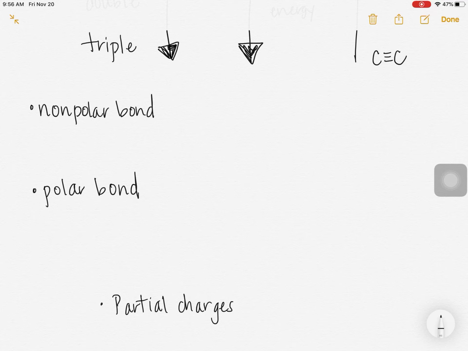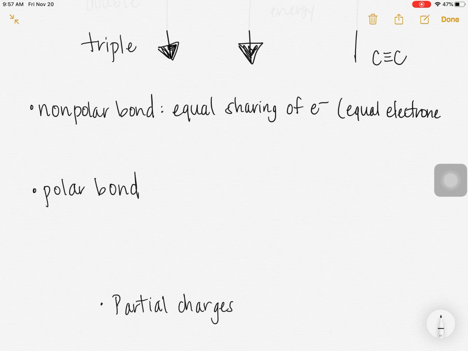Okay, and then we learned about bond polarity, which is the degree to which atoms share electrons. So a nonpolar bond occurs when we have an equal sharing of electrons, and thus equal or almost equal electronegativity values. There's 2 cases you should always be aware of.